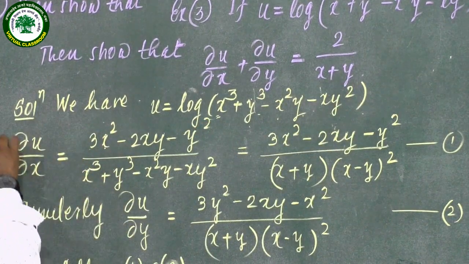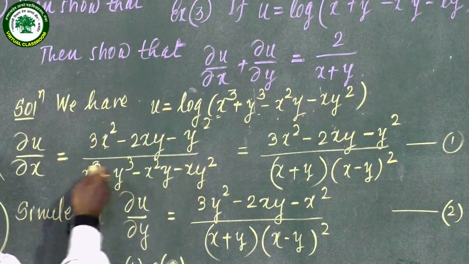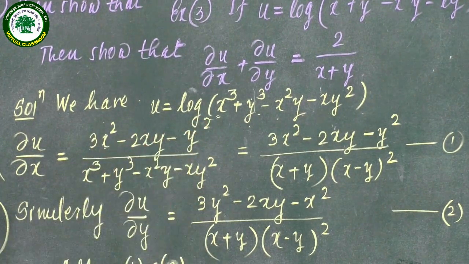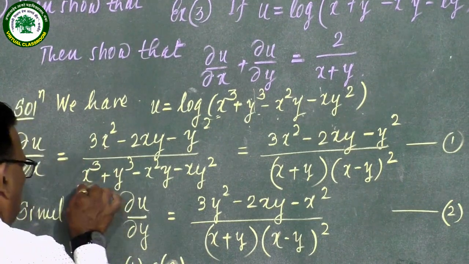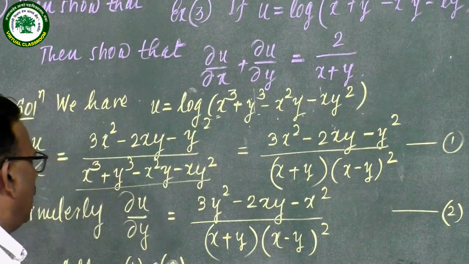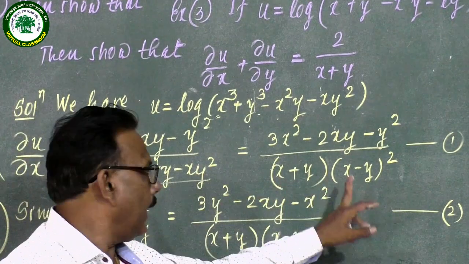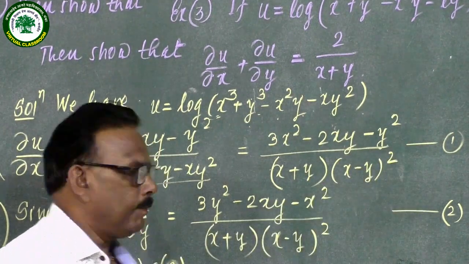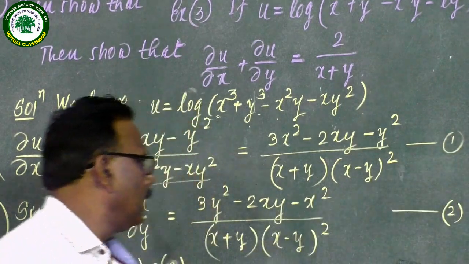Therefore this total function is (3x square minus 2xy minus y square) divided by (x cube plus y cube minus x square y minus xy square). After simplification, this denominator part is simplified and it is the product of two brackets, (x plus y) and (x minus y) square. After simplification, this is taken to be equation number 1.